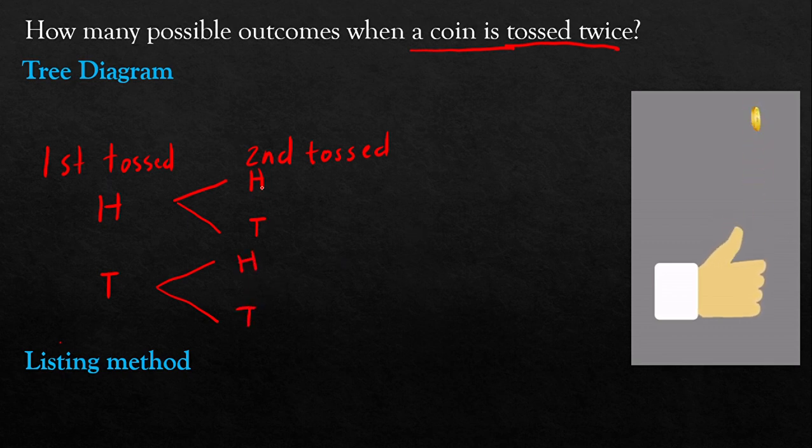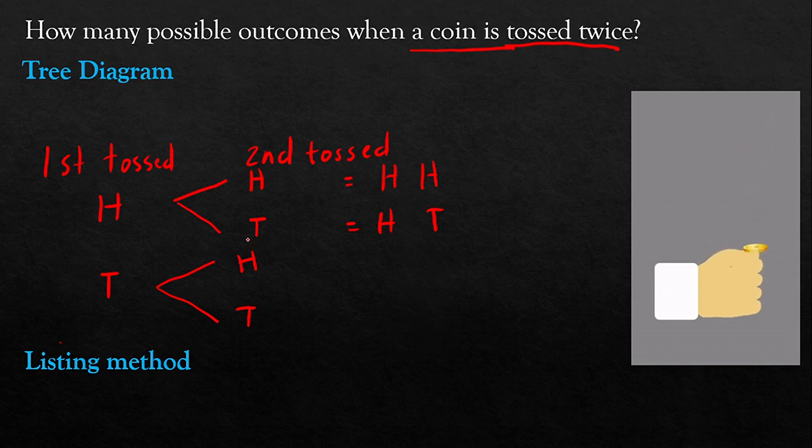So what is the purpose here? Why do we need to do this? In order for us to count the possible outcomes. When you toss a coin twice, for the first toss you can get heads, and for the second toss also heads. How about from the first toss you get heads, and from the second toss you get tails?